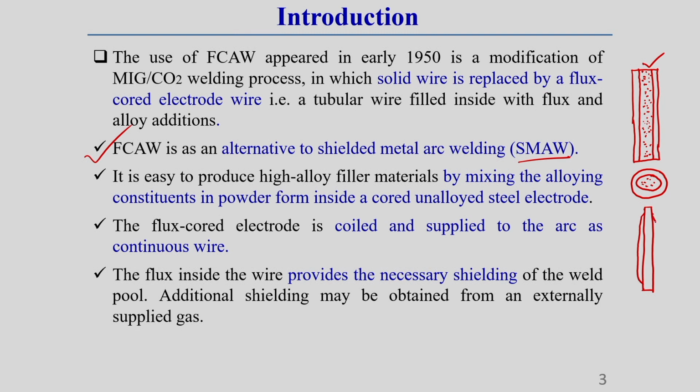That means whatever flux is used in SMAW, here there is a metal core and the flux is outside. So, it is used generally in the SMAW process. This is the SMAW consumable electrode, and this is the FCAW consumable electrode.